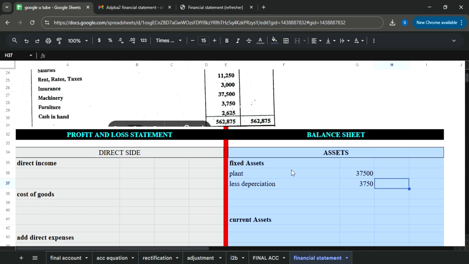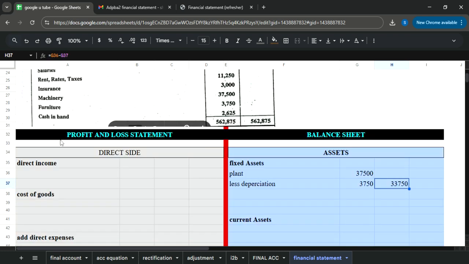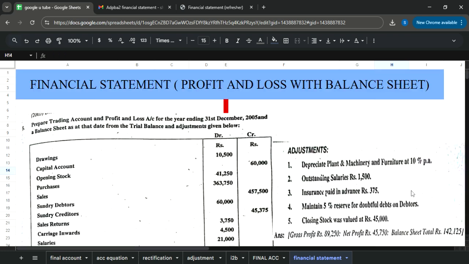The final answer would be: this was the total amount, subtract the amount of depreciation, so you have got the final amount 33750. So guys, here you have calculated the depreciation, then depreciation is subtracted on the asset side. The first depreciation is completed.